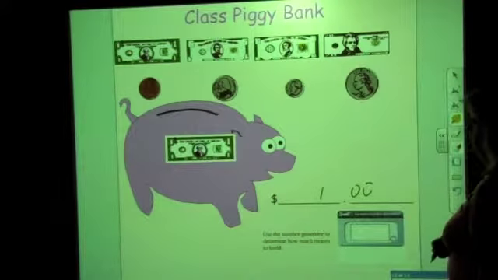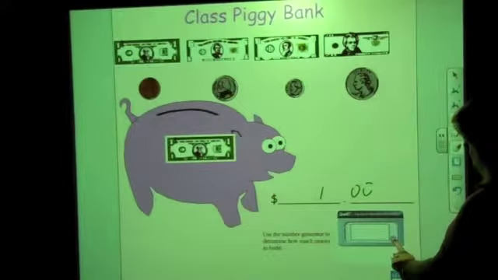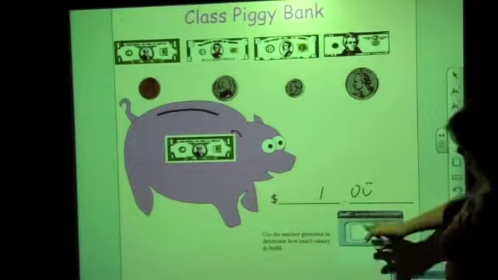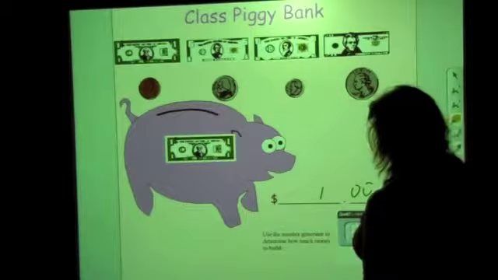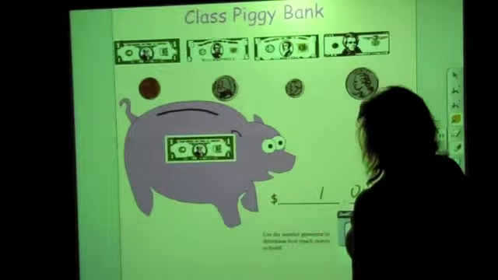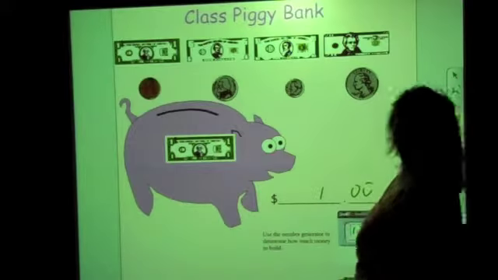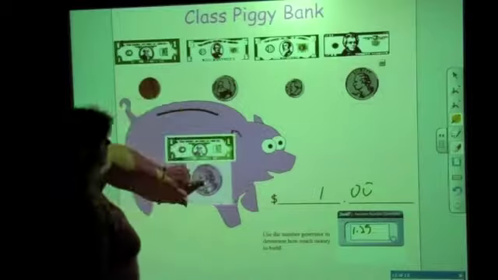okay, or we even have here, you can put a figure that you would like in here, and it should tell you what it is, but you could put, say, $1.25 and then have them put how much money is in here, and it would come down.